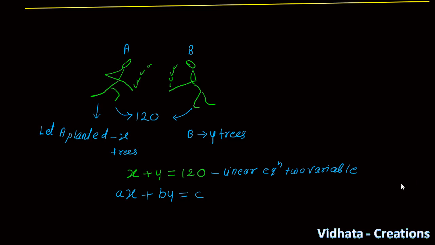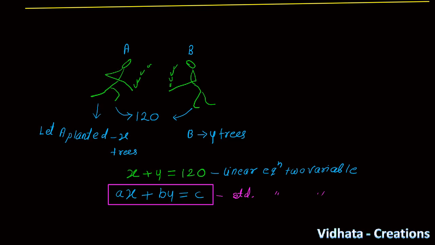It means whenever there is a linear equation in two variables, the equation is always in this form. So we call it the standard form of the linear equation in two variables.